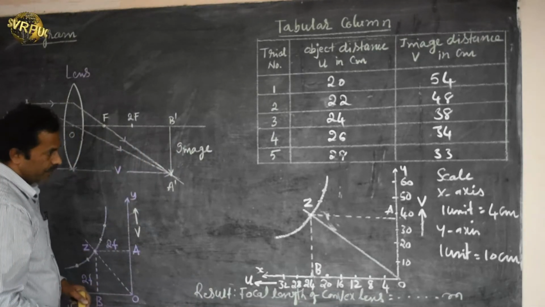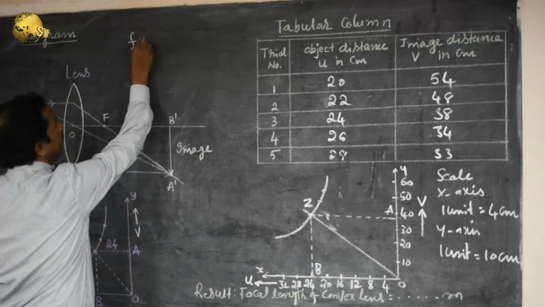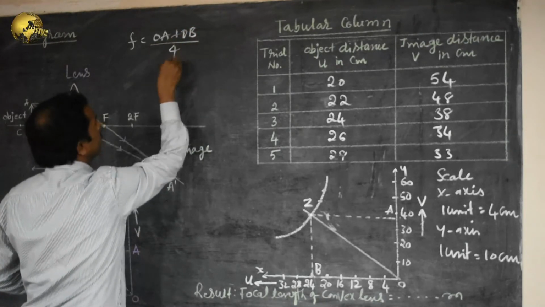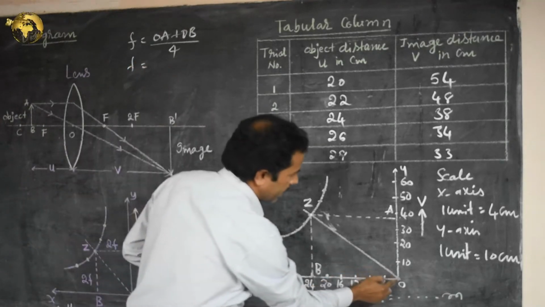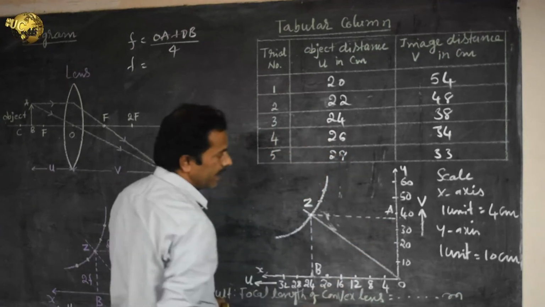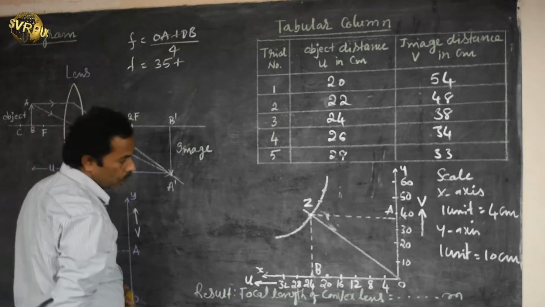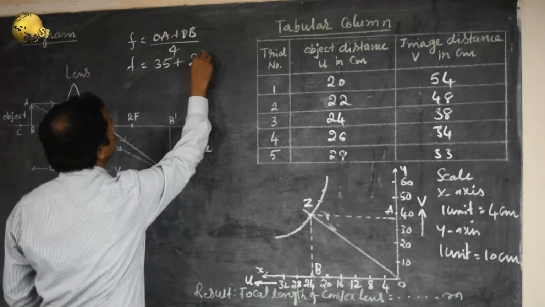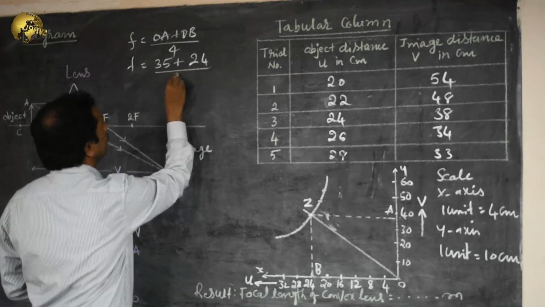Now the focal length of a convex lens is given by the formula F equals OA plus OB divided by 4. OA is 35 centimeter and OB is 24, divided by 4.